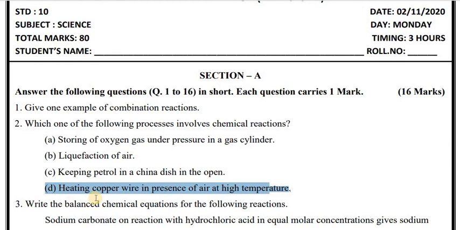Here the copper is one substance, and after the reaction copper oxide is formed, which is a different substance. So if in any reaction a new substance is formed, we can consider it a chemical reaction. So in the second question, the answer is D, heating a copper wire in the presence of air at high temperature.